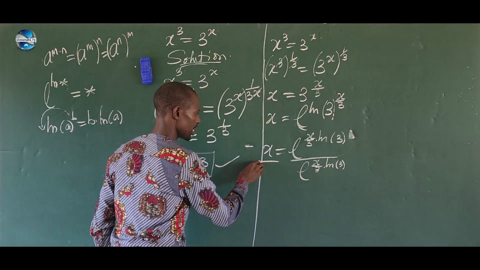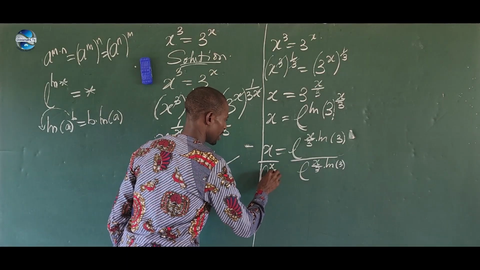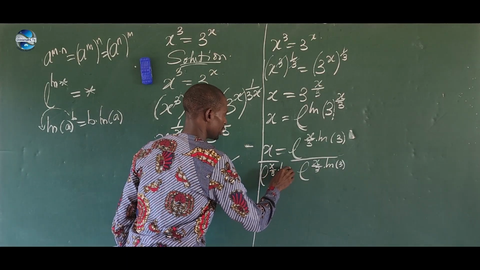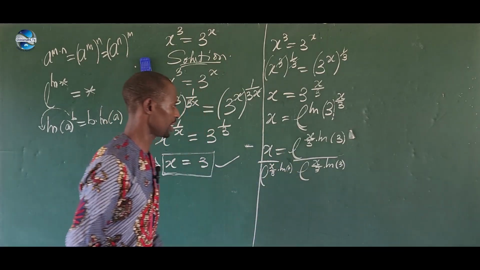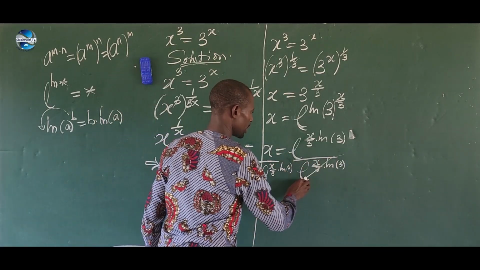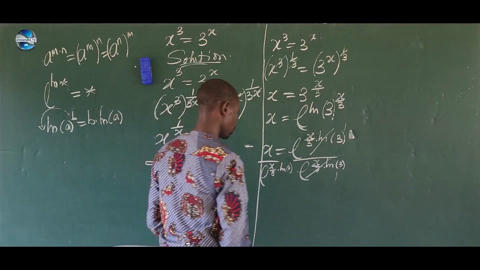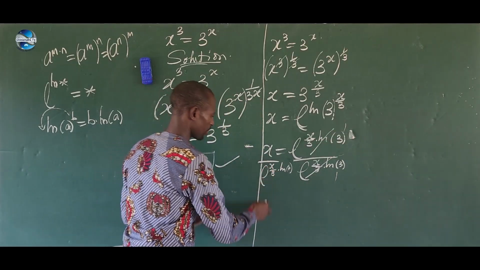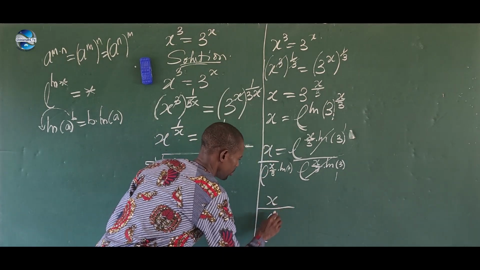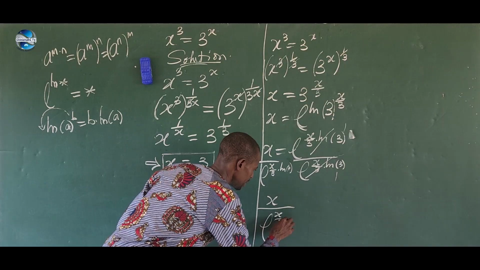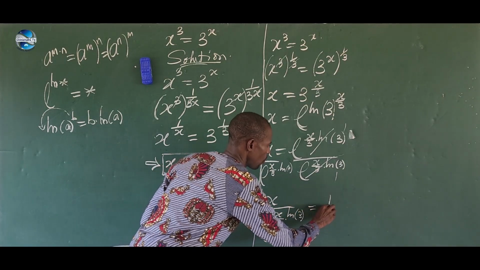I will equally do the same thing to this side, e raised to x all over 3 times the ln of 3. So this will go with this, and here we have 1. From this expression, I'm going to have x all over e raised to x all over 3 times the ln of 3 in brackets, equal to 1.